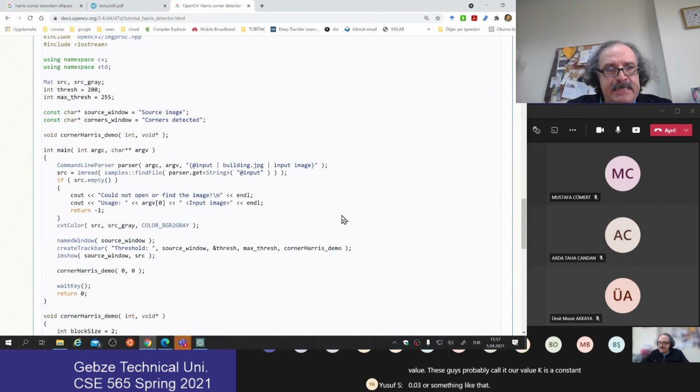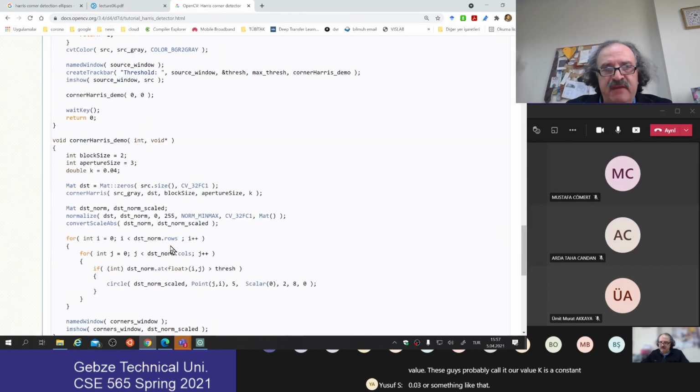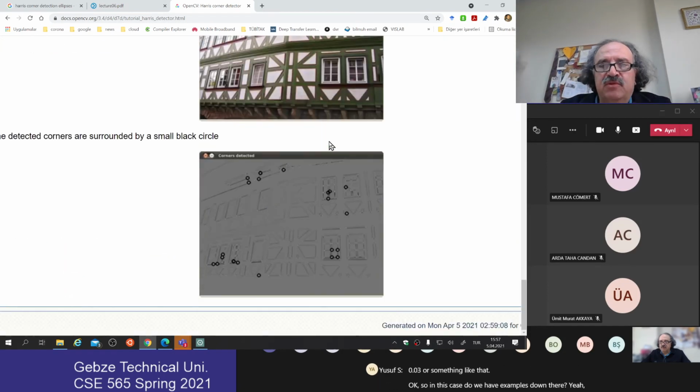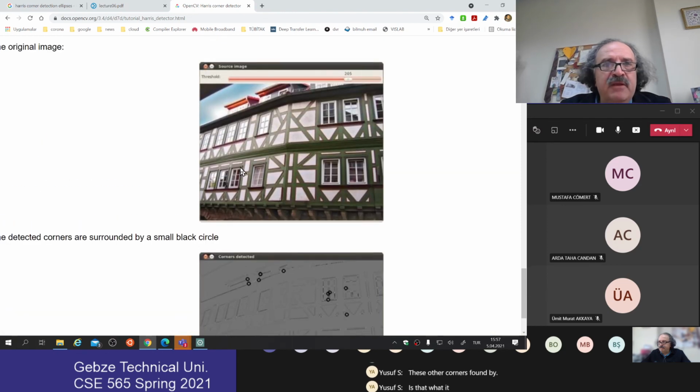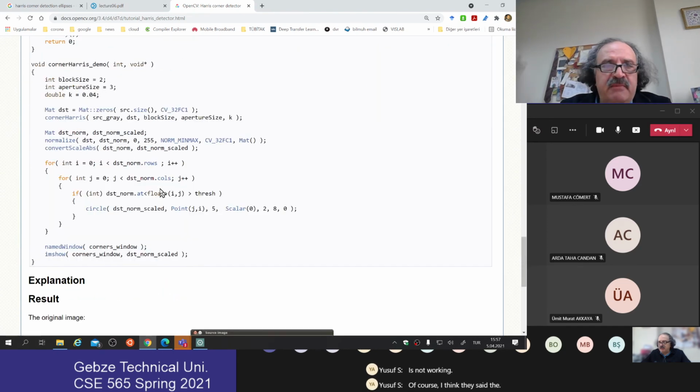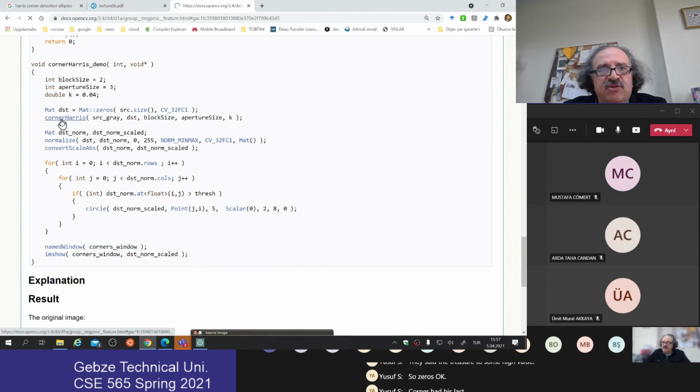Okay, in this case, do we have examples down there? Yep. So these are the corners found by this algorithm. Of course, I think they set the threshold to some high value. Corner Harris, let's look at the documentation of it.